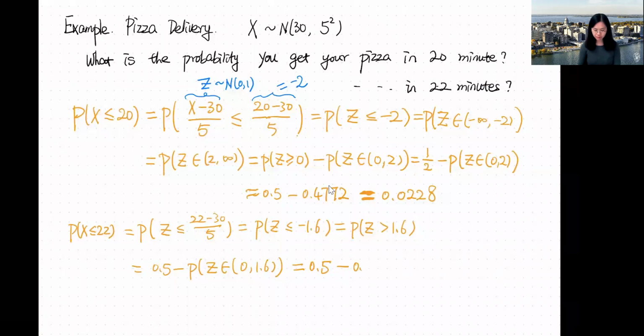And the difference is 0.0548. So it's a little higher, but not much. So that is how you calculate normal probabilities.